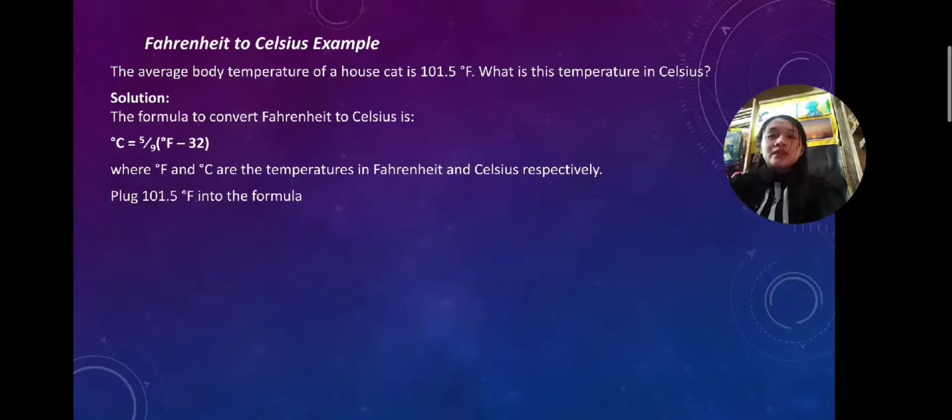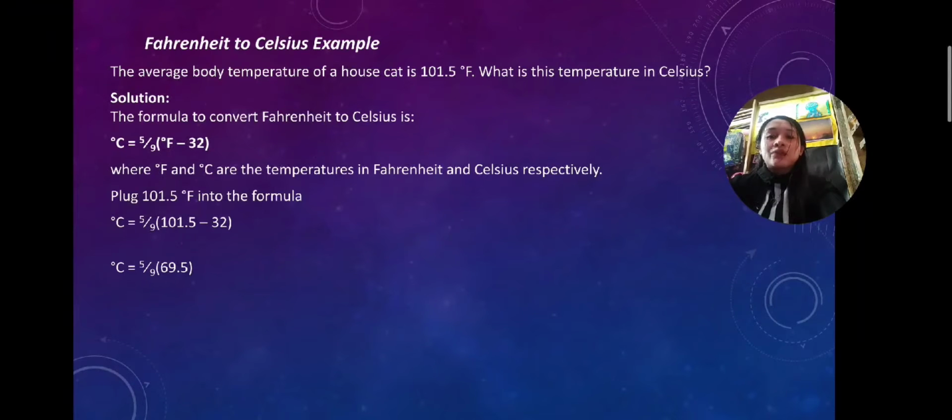So we just substitute 101.5 degrees Fahrenheit into the formula. Degree Celsius equals 5/9, and the F is the given number, 101.5 minus 32, and then subtract.